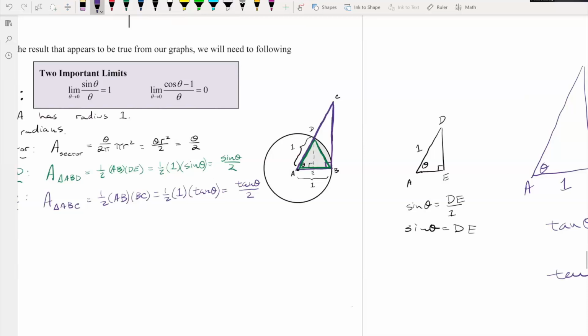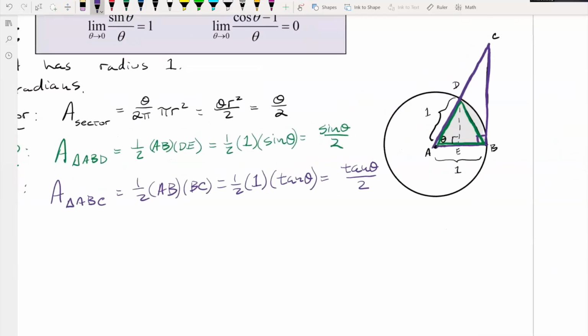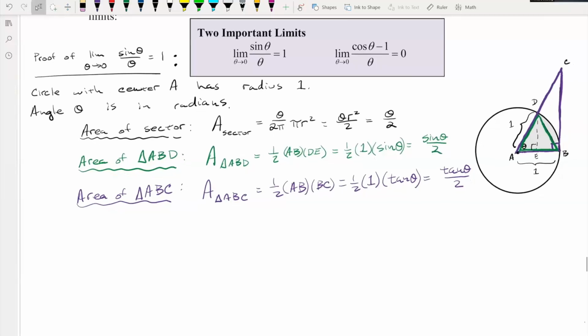So what we have so far is we know that the area of the sector is 1/2 of theta. The area of the green triangle is sine theta over 2, and the area of the purple triangle is tangent theta over 2. Now, I want you to compare areas. Who's the biggest area? Just by looking at the picture, who has to have the biggest area? Purple. Excellent. So area of triangle ABC is the biggest.